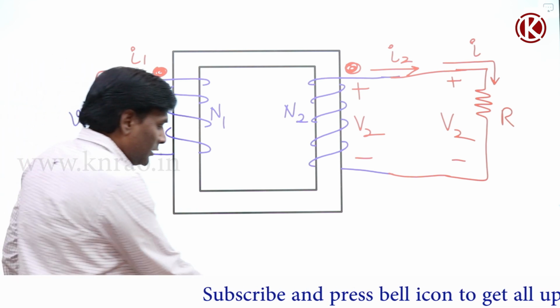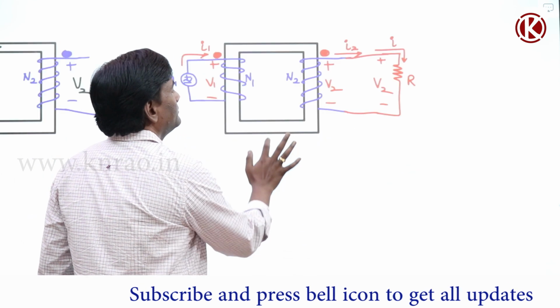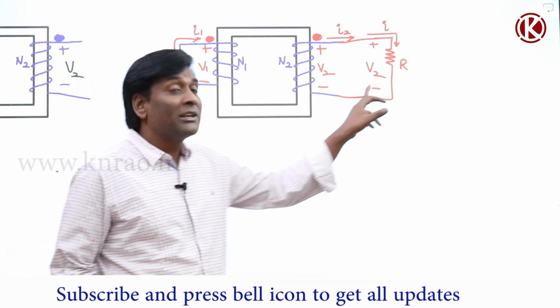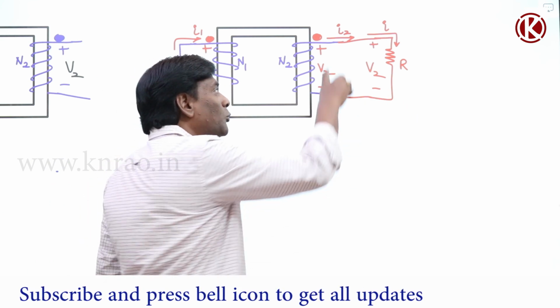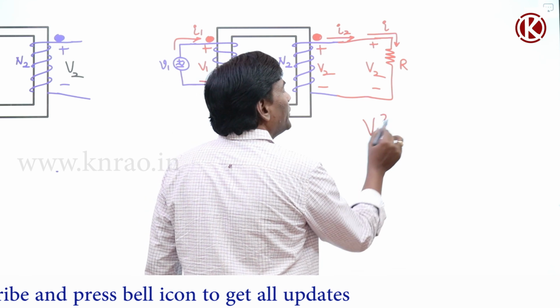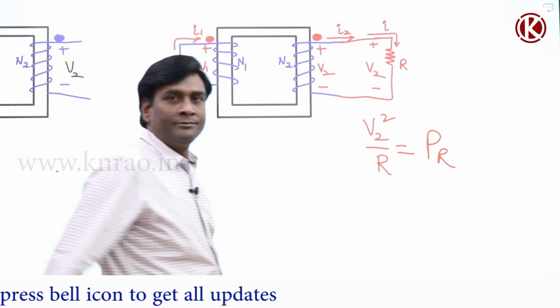Yes. So see here, what is the power absorbed here? Already I know the voltage across the resistance, so V2 square by R is going to be the power absorbed by the resistance.